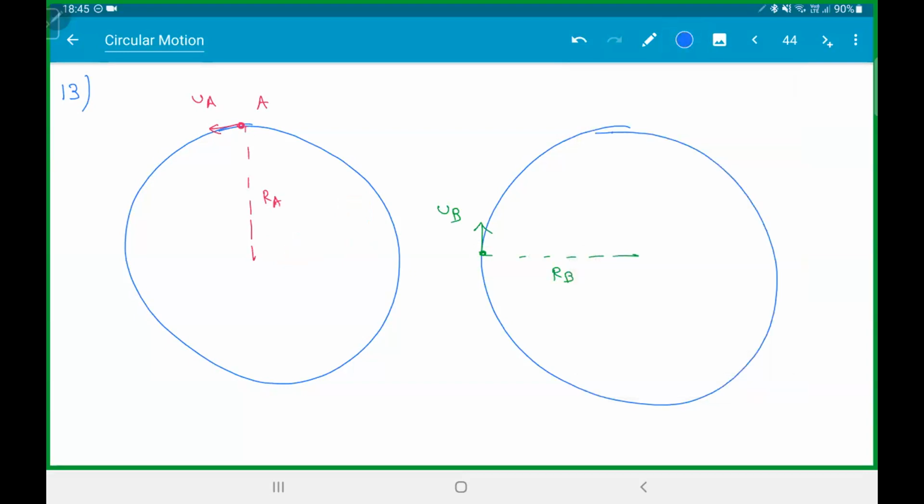Find the centrifugal force on A as seen by B and centrifugal force on B as seen by A. This mass is MA, this mass is MB. So two particles are going in circles as shown on two different circles. Find centrifugal force on A as seen by B, on B as seen by A. Two questions.